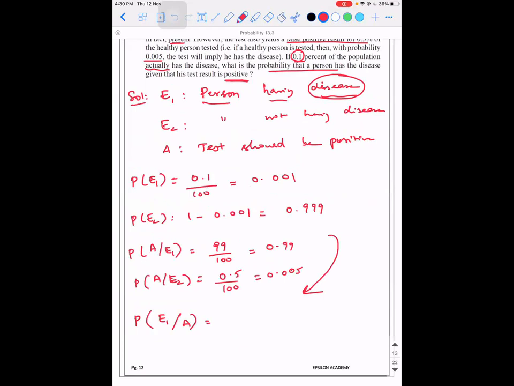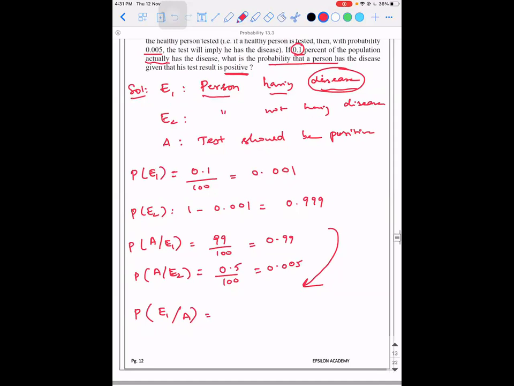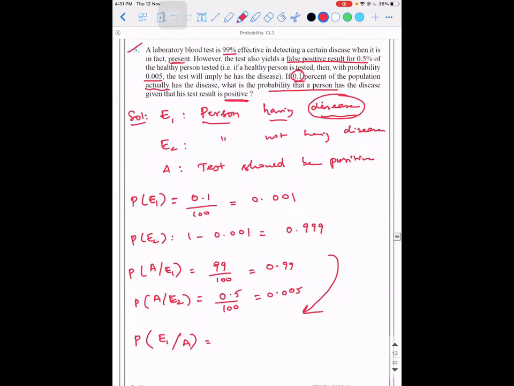I suggest you guys to deal it in fraction itself. So I hope it is clear. Shall I proceed?